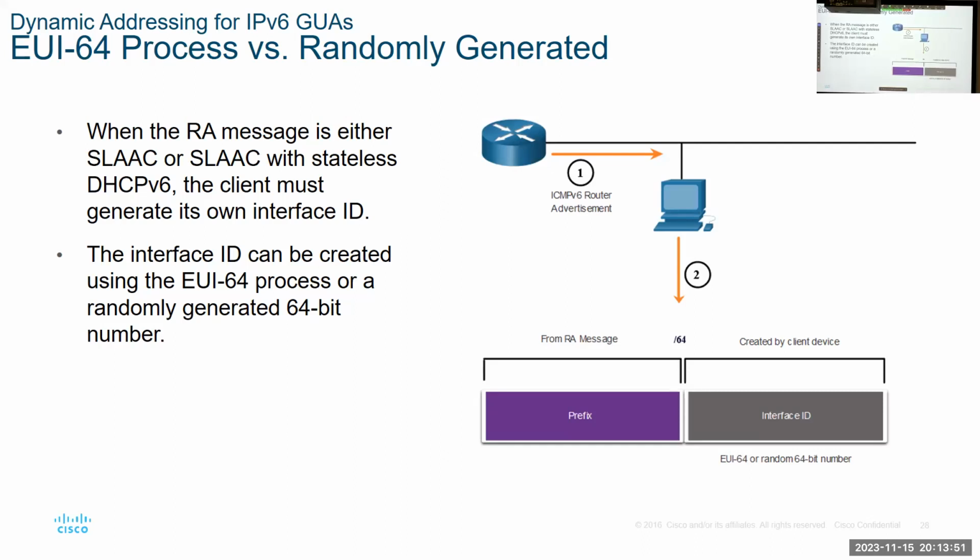If it's DHCPv6, just like with IPv4, the DHCP server actually sends the interface address as well. So it all depends on what the router tells it to do, which way to use.